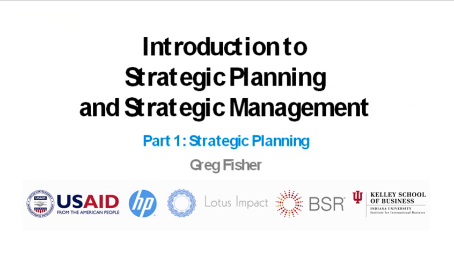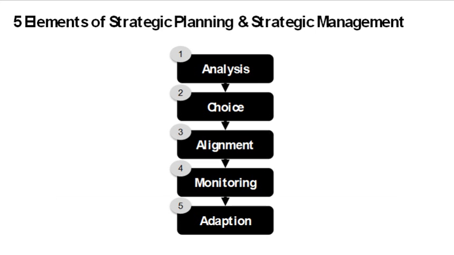As I said earlier, today's session is going to focus primarily on strategic planning. That is the point in the process in which you make certain key decisions about what you're going to do within your business. So just to understand the bigger overarching picture of strategic planning and strategic management, we've got a five-step process.